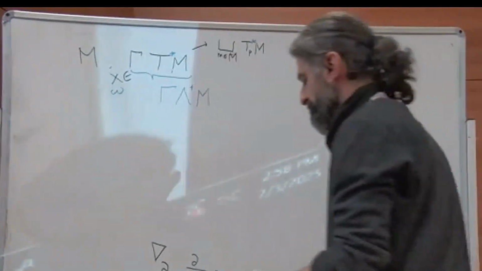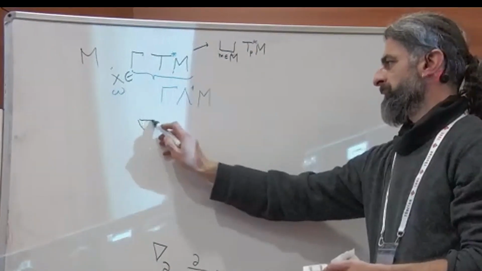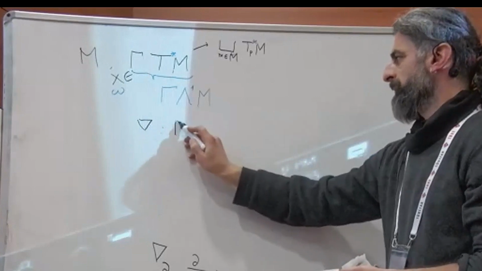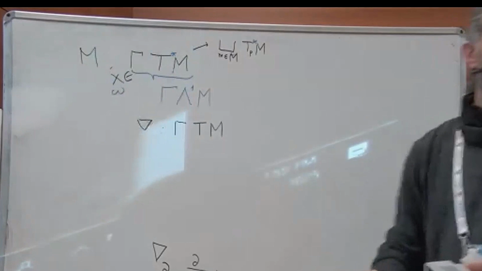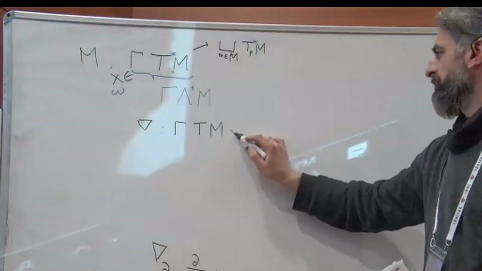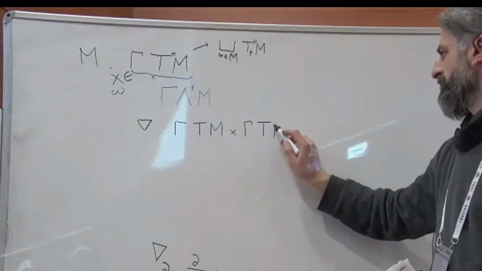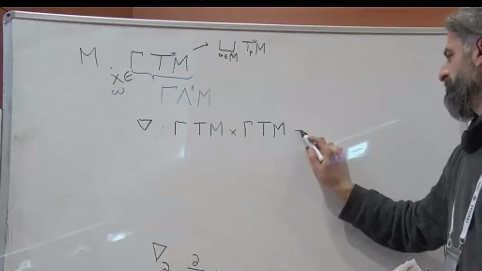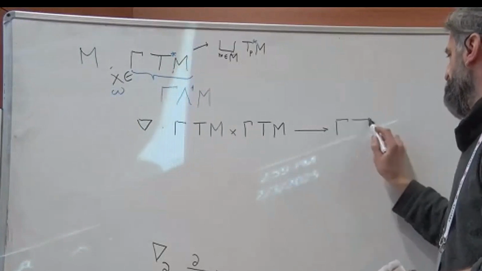A connection is a mapping from smooth sections of the tangent bundle Cartesian product of itself to itself.